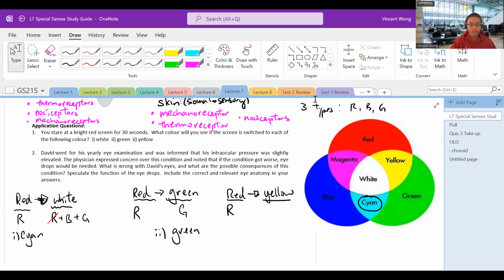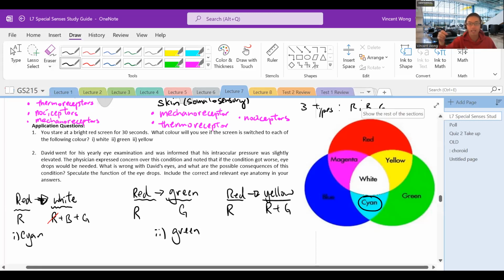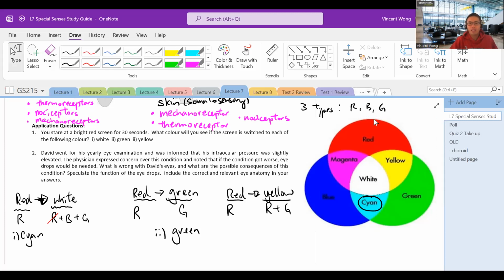To see the color yellow, I need red plus green. By the way, I want to clarify, these are light colors, as in visible light. They are not the same as painting colors. Some people get really confused. They're like, well, if you mix red and green paint, it actually becomes brown.